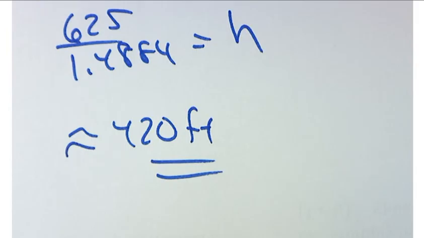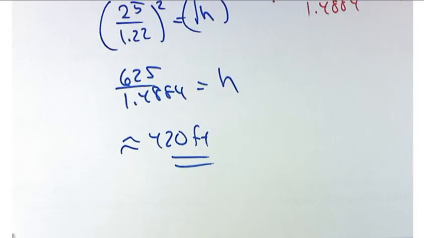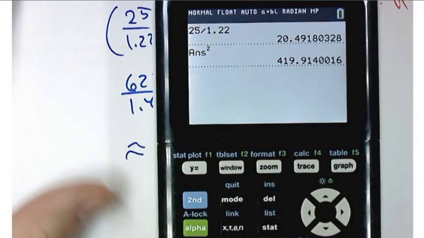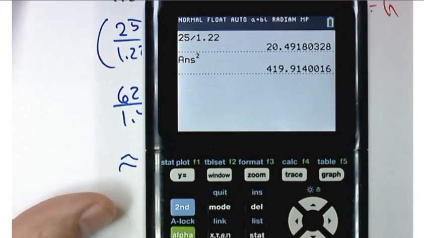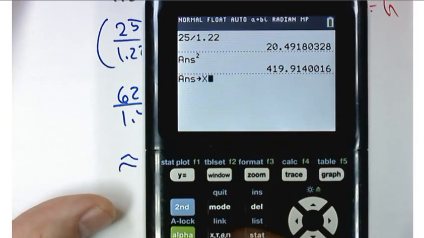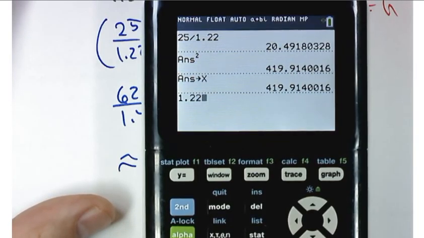Technically we should check the answer, but I guess I didn't. I neglected. Let's see if we can make that work. To check this answer, what I would do is take this answer and store it in my calculator, store it in X, and then try 1.22 times the square root of X and see what I get. 25.